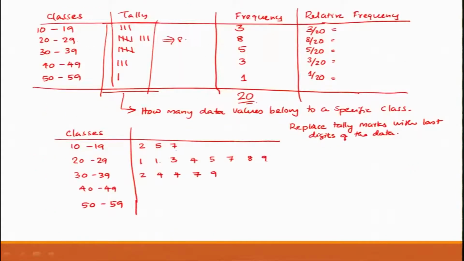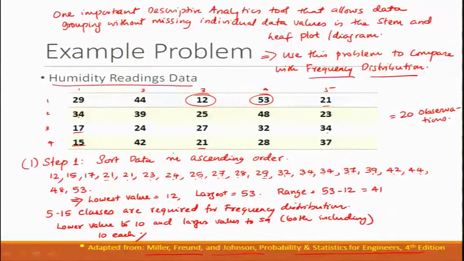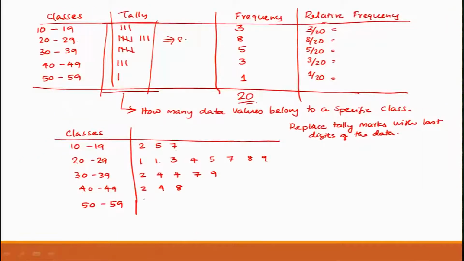So, we write 2, 4 and 8. Then in the last class, 50 to 59, the value is 53. So, 3 is the last digit, and we write the last digit as 3.